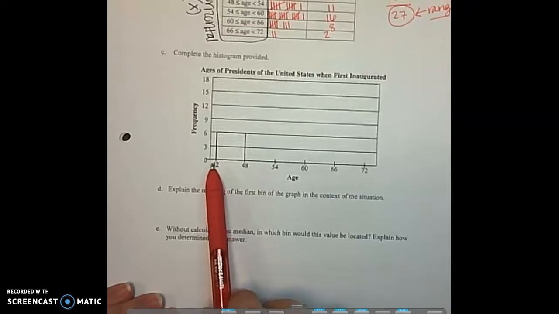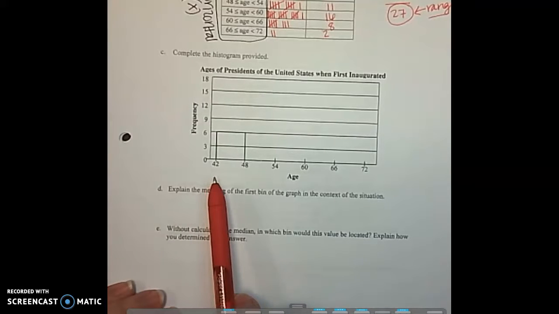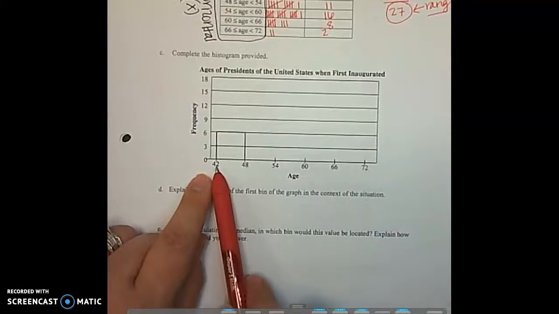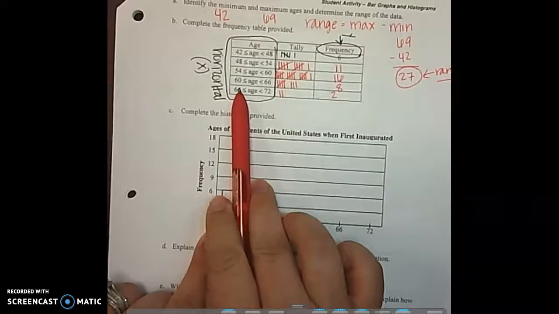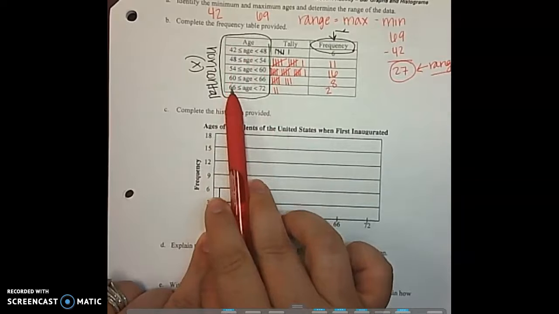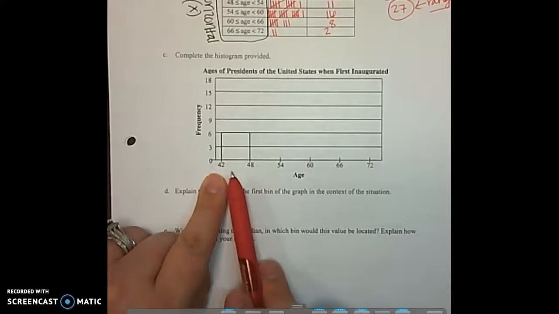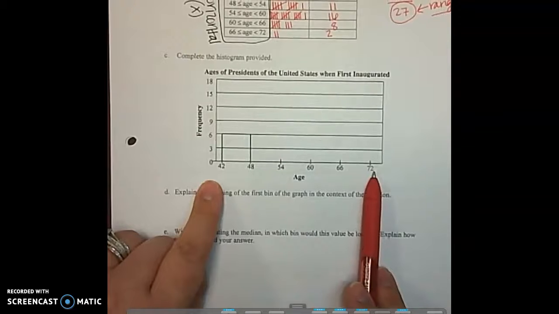It has also given us the scale for both the x-axis and the y-axis. So the reason why we're able to do the x-axis this way is because we're grouping them in ages based off of our age groups that our frequency table provided. So we grouped them together in order to be able to do a histogram.